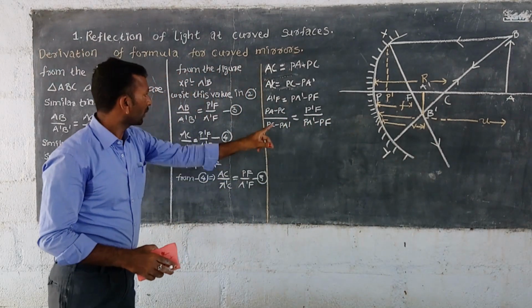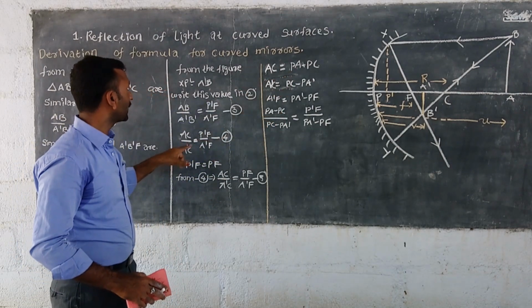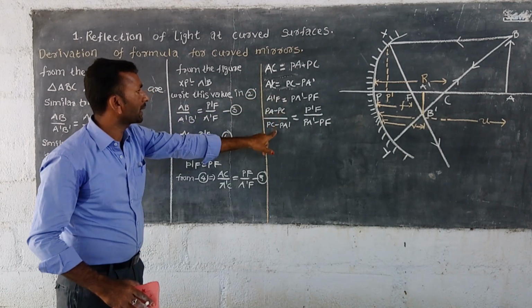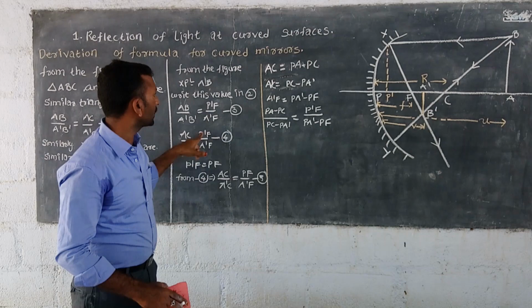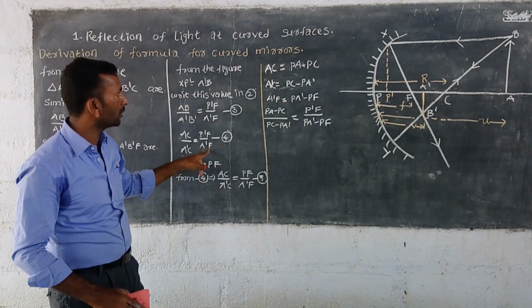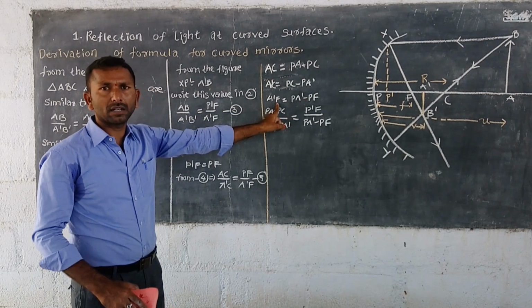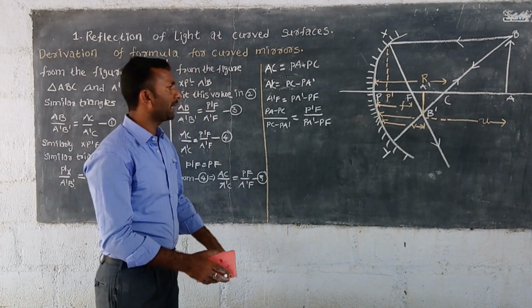So once again, check that AC equals PA minus PC, A dash C equals PC minus PA dash, and the P dash F value is as usual the same. We don't have the A dash F value, and from the figure we get A dash F equals PA dash minus PF.